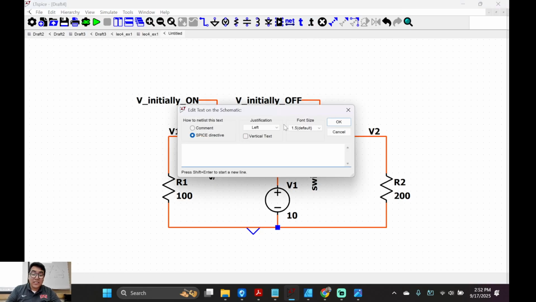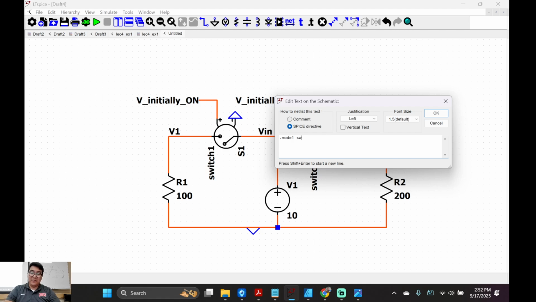Anyways, let's define these switches by doing model, right? And we're gonna do our first switch, switch 1, which is of the class SW, R on. Let's do 0.1, right? Anyone bothered by that?